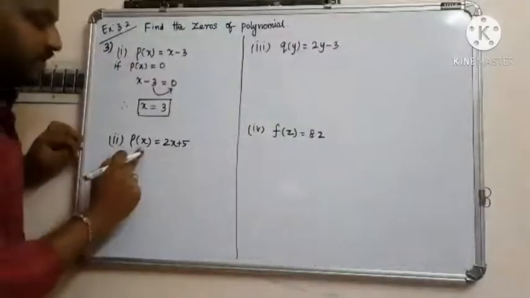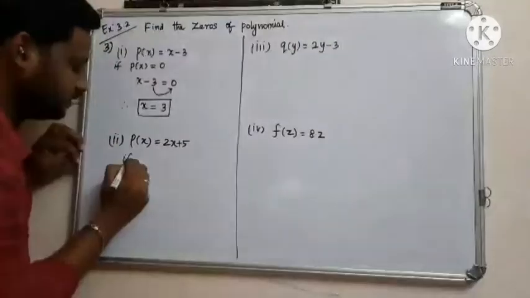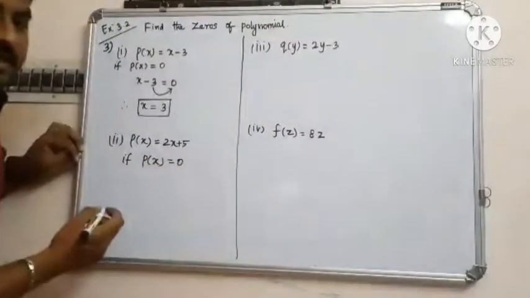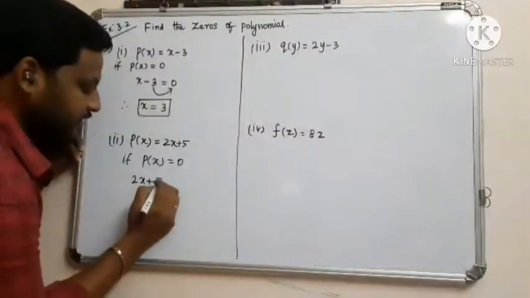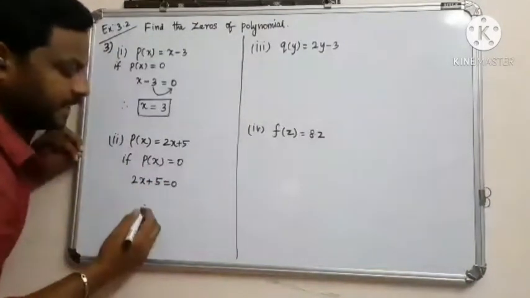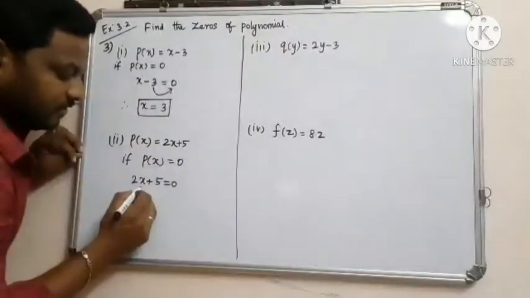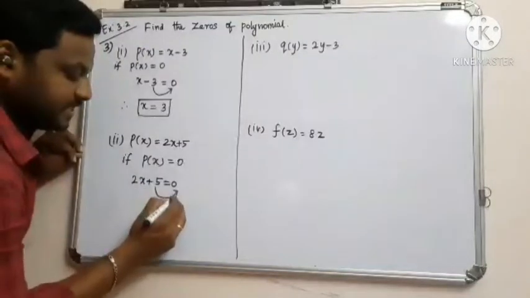So second question, p of x is equal to 2x plus 5. Instead of p of x, you should substitute 0, which means 2x plus 5 is equal to 0, because p of x is equal to 0. Now we have to find out the value of x. So plus 5 will change into minus 5.